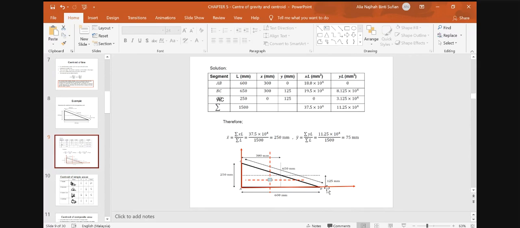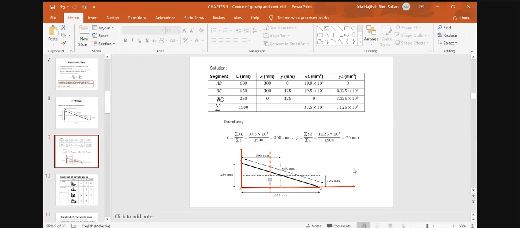Yes. It's mid length. But the X bar is 300 millimeter. Remember whenever we have a diagonal, we have to divide it into X and Y components. That is why for its X, we consider its X direction. Its X direction is AB. So the centroid for AB is 300.